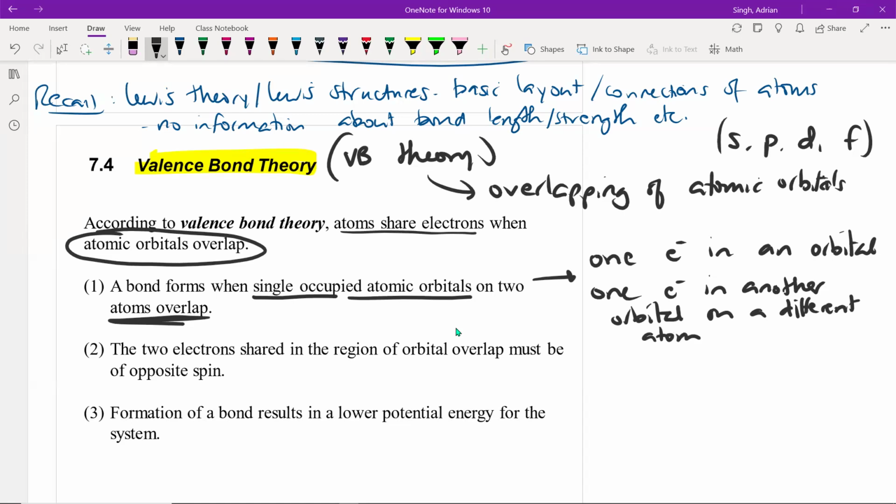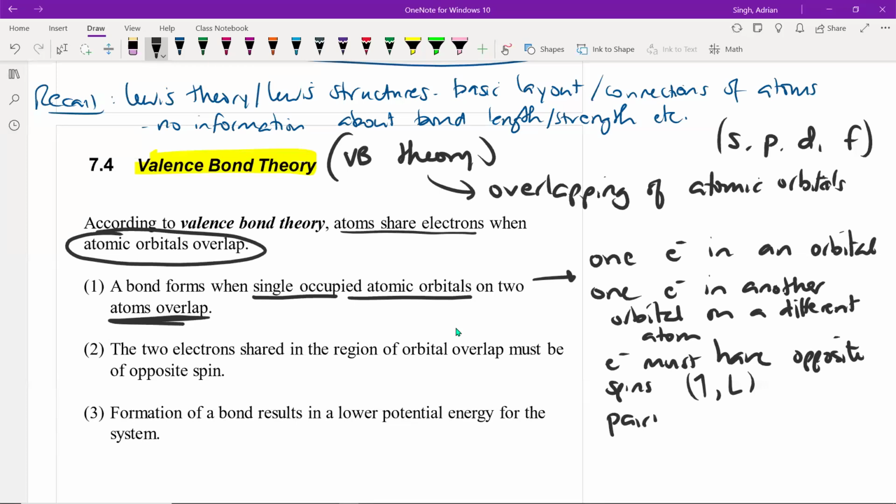Okay, and these orbitals then have to overlap. Well, first of all, those electrons must have opposite spins. Just remember, our spins could be spin up or it could be spin down, so they can pair up.